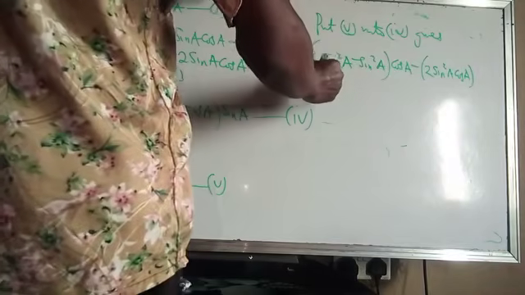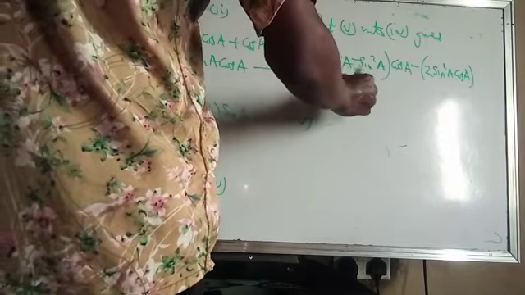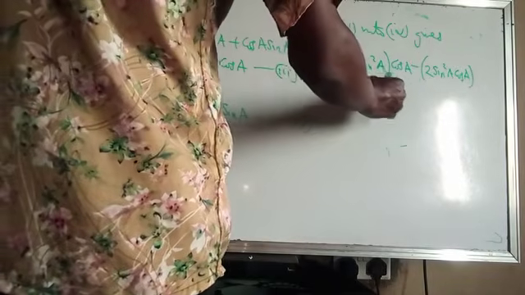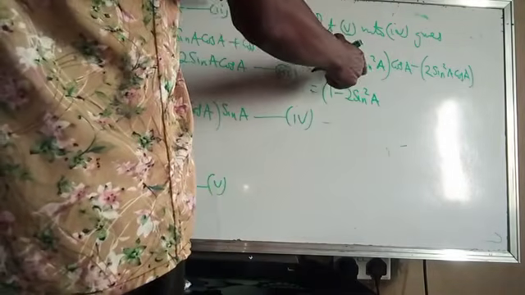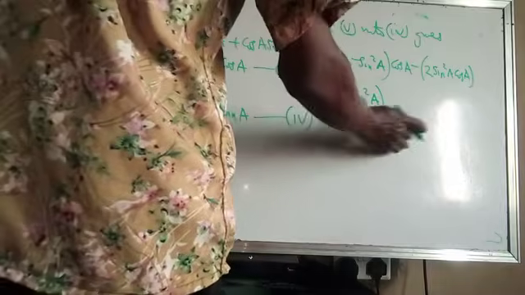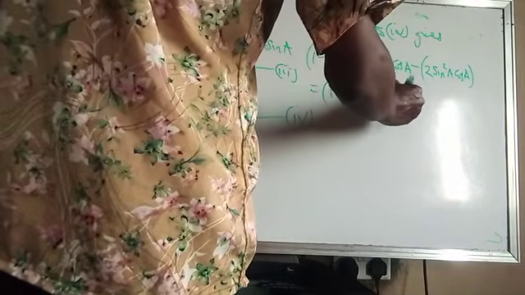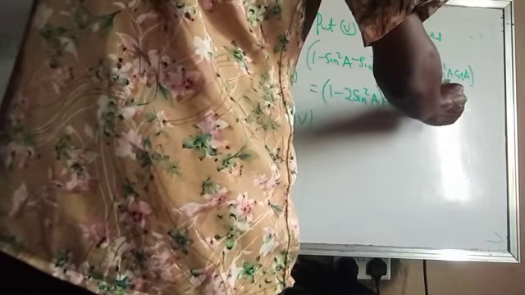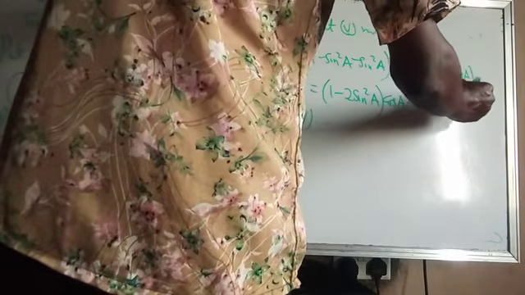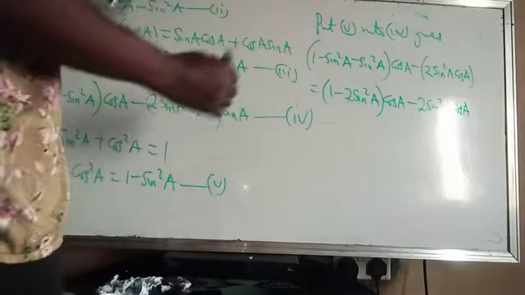So this one will become 1 minus 2 sine square a, because minus sine square a minus sine square a becomes minus 2 sine square a, cos a. Then minus 2 sine square a cos a.